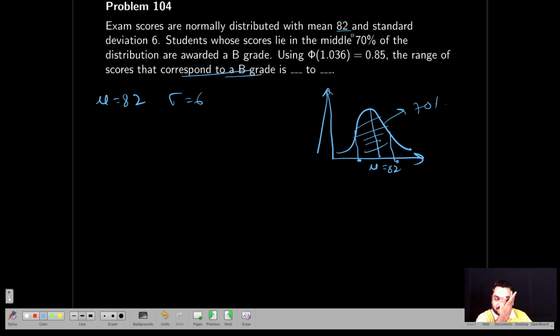If 82 is the mean score, then basically we find the probability of 82 minus some D less than X less than 82 plus D, which is equal to 0.7. So 70% means 0.7. You solve it like the same problems.